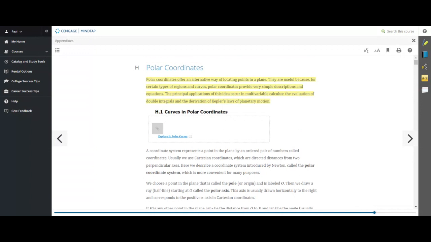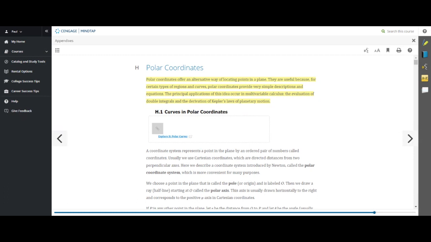So right away, we're in section H.1, it mentions that polar coordinates offer an alternative way of locating points in a plane. They are useful because for certain types of regions and curves, polar coordinates provide very simple descriptions and equations.